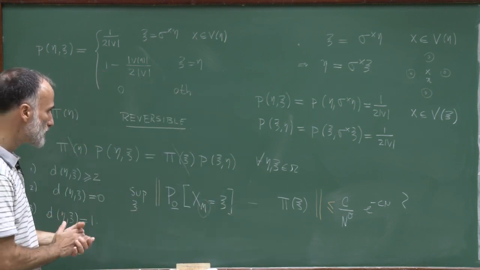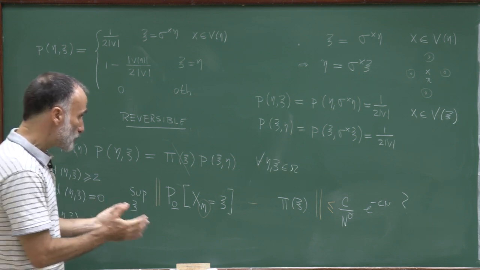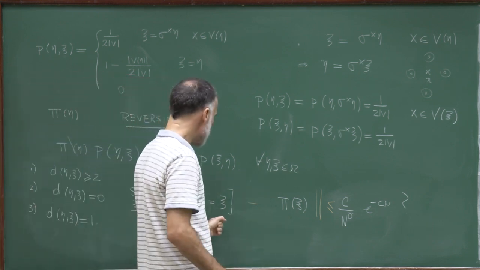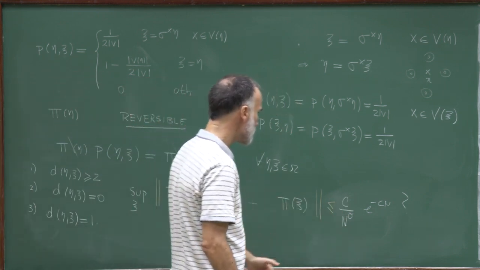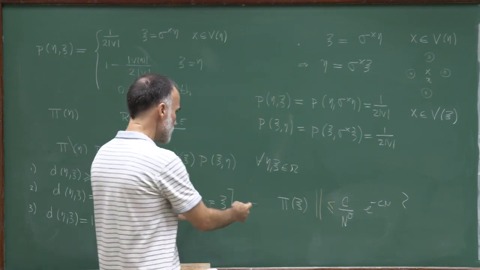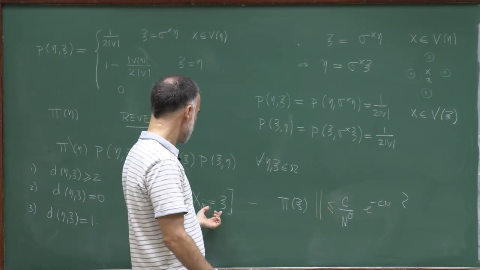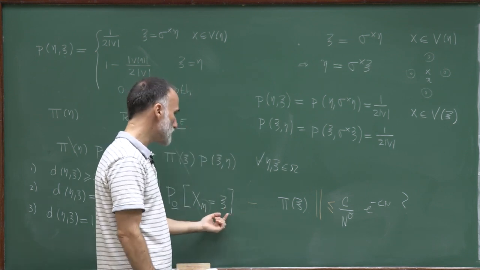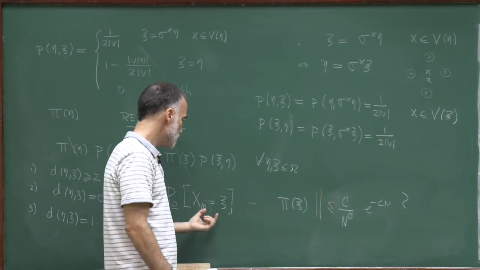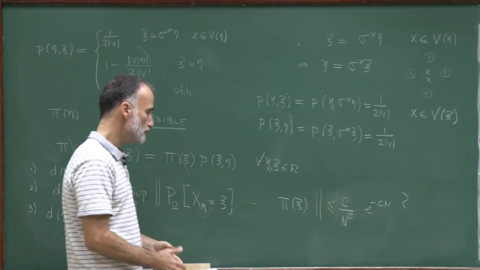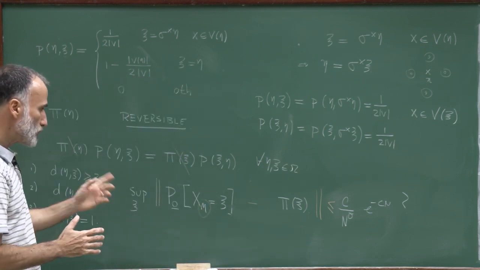So there are two problems that we need to address: the speed of convergence, and the fact that we are not getting exactly a configuration distributed according to pi, but close to this distribution. And so this is one problem.